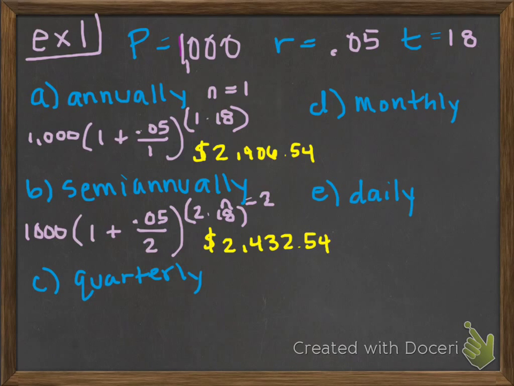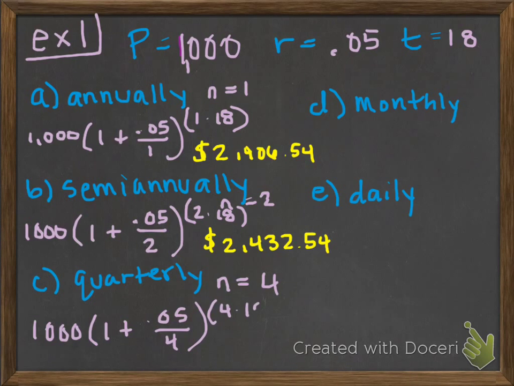So I would take a moment. If you need to pause the video, please pause it and try typing these. Letter C says compounded quarterly, so that means our n is now 3. So in the formula we'd have 1,000 times the quantity of 1 plus 0.05. And when I said 3, I was just kidding. Quarterly means 4 times a year. So divided by 4, raised to the 4 times 18.